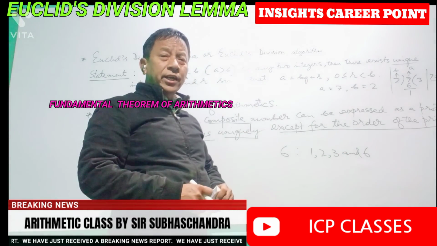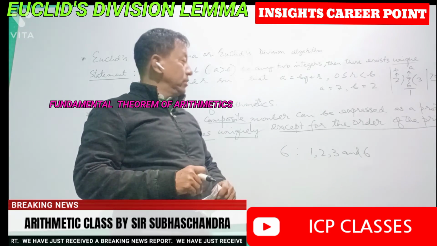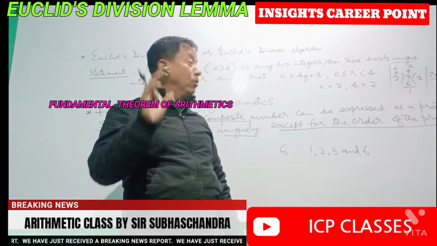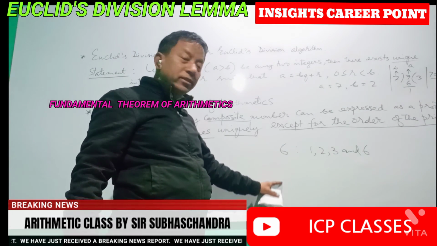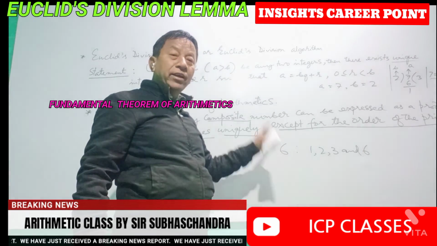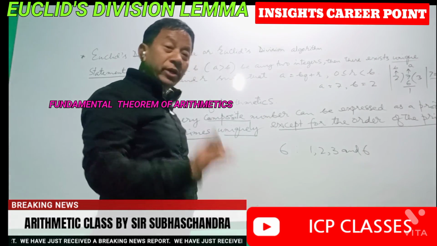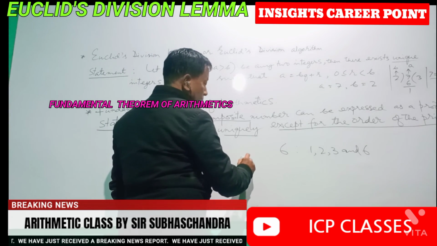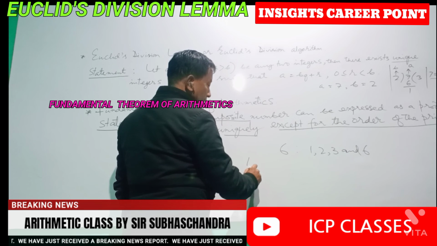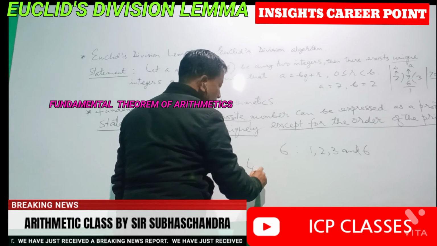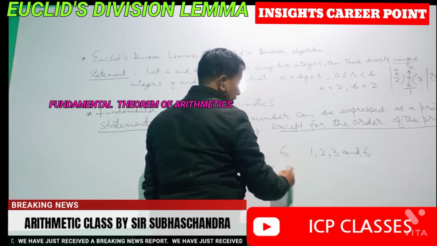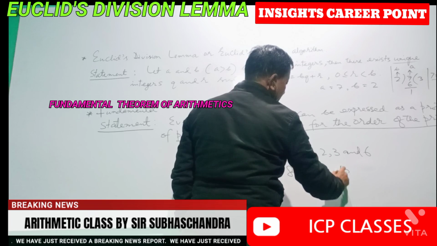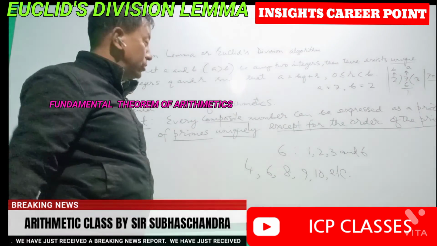That means 6 has more than 2 factors. So such numbers are called composite numbers. Can you follow me? And there are many composite numbers, an infinite number of composite numbers. So you can give so many examples of composite numbers, isn't it? Like 4, 6, 8, 9, 10, etc. See, there are many composite numbers like these.